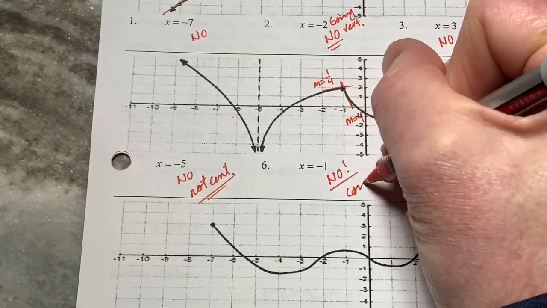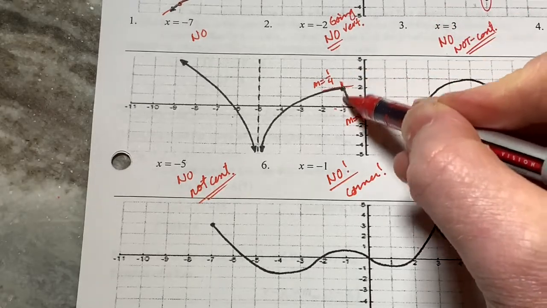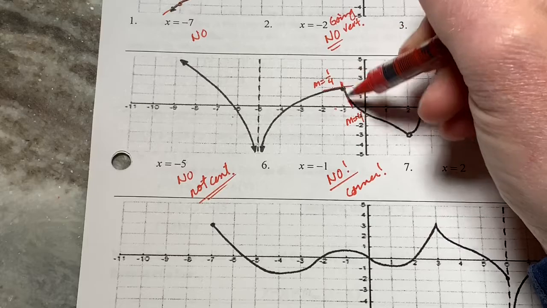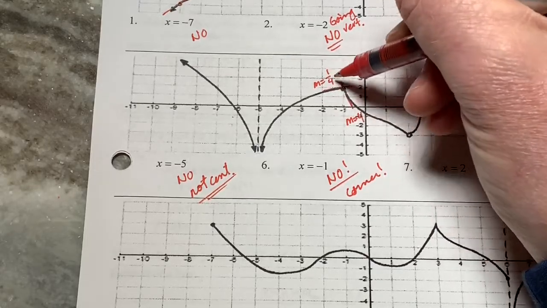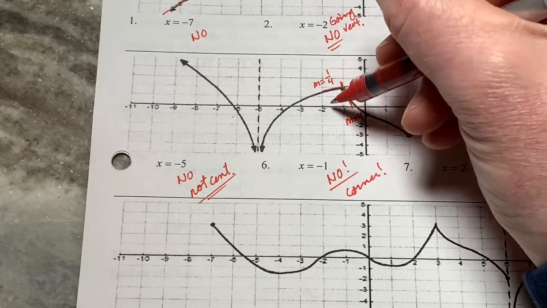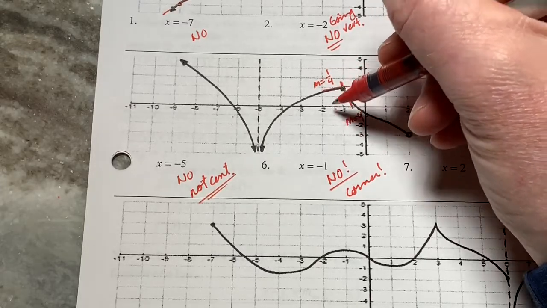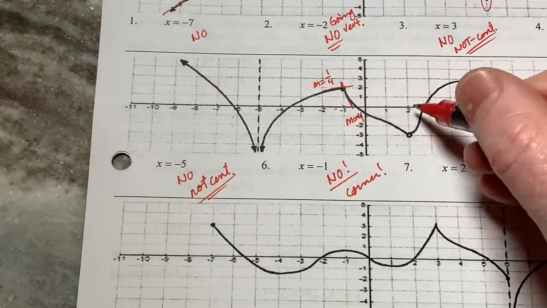Why? Because it changes direction. There's a corner. Now, if you're thinking cusp, even if it had a negative infinity slope here, it didn't have an undefined slope there. That's definitely a slope of like a 4th or a 3rd or 5th or something like that. Remember, to be a cusp, it would have to go undefined in both ways, or basically go vertical there and go vertical there.